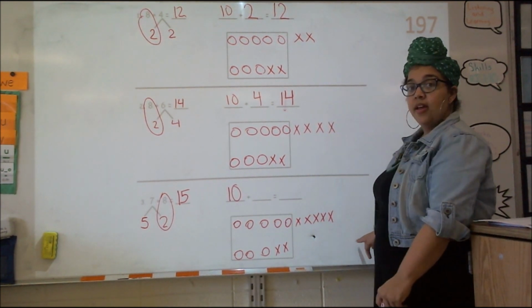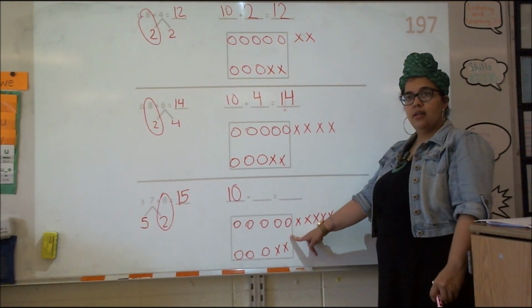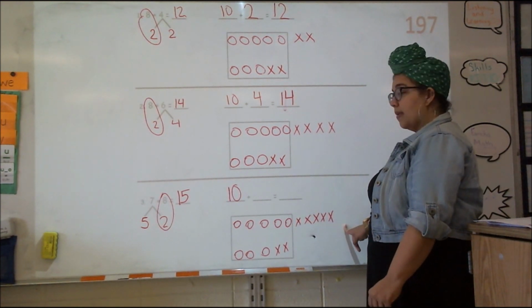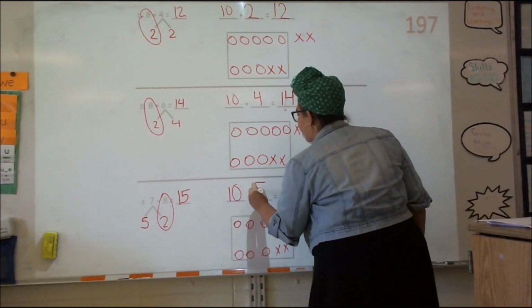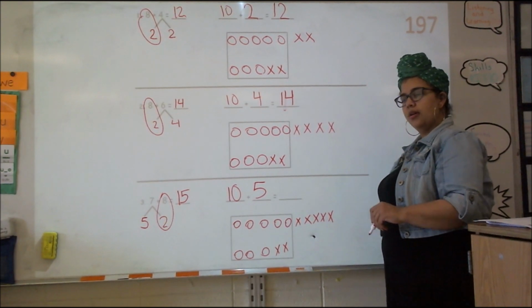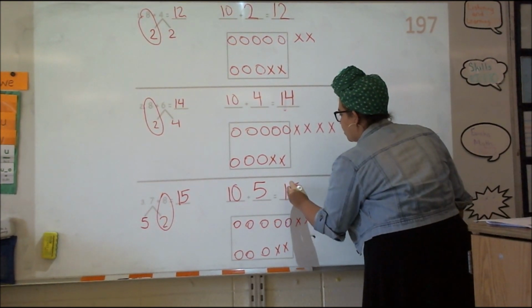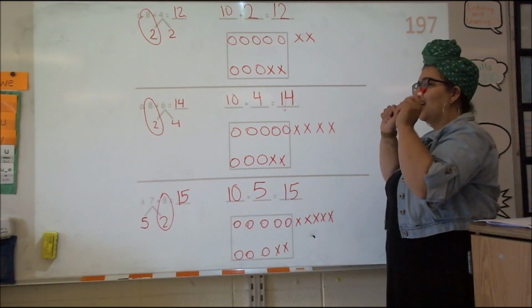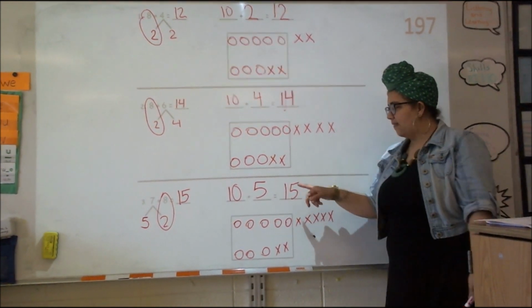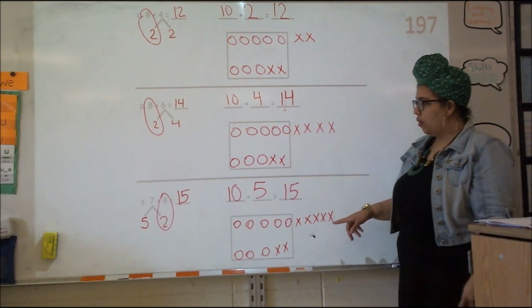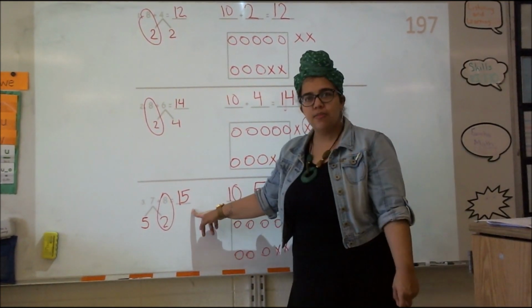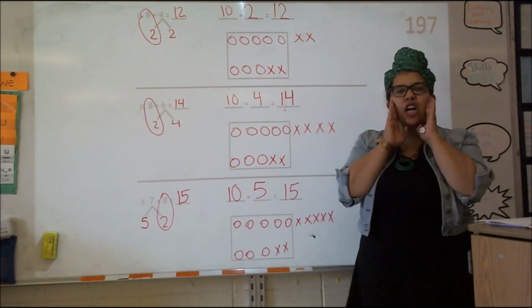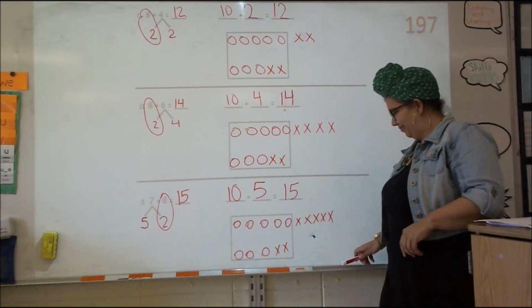Good. So that's 7. So how many are inside the box? 10. And how many are outside the box? 5. What is 10 and 5 more? 15. 10 and 5 is 15. Oh, you guys did a good job. So 10 and 5 is 15. Well, this picture matches this math, which means we did a good job.